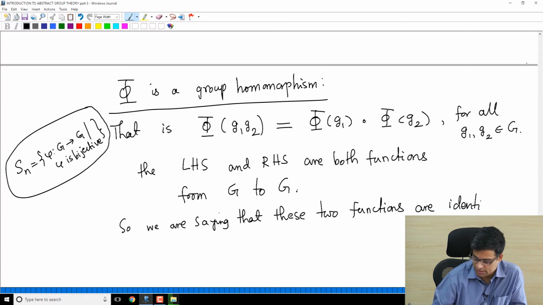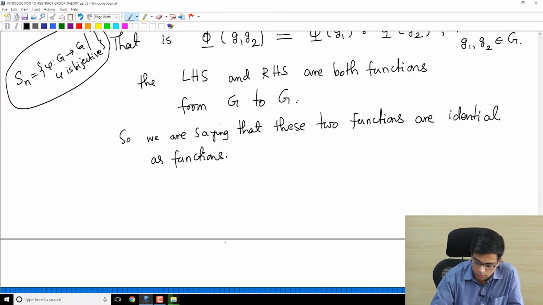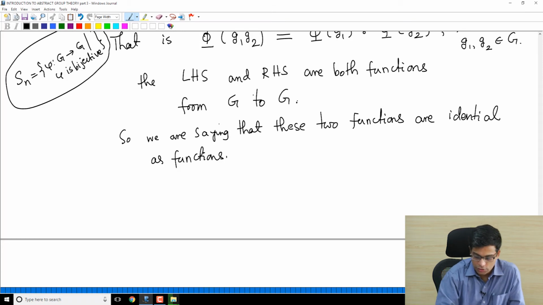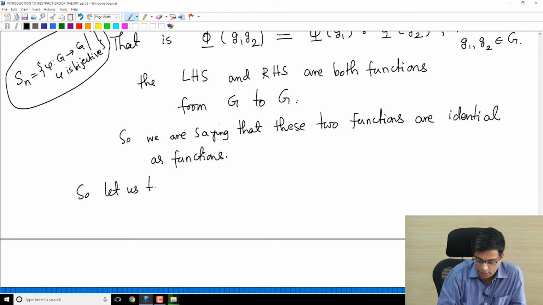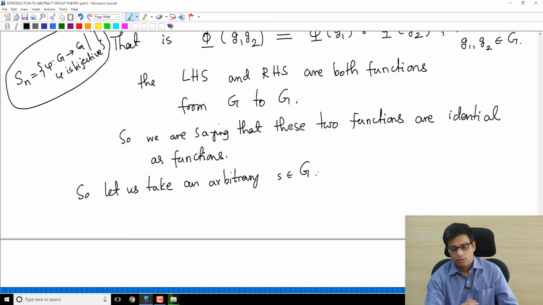Identical as functions. When do we say two functions are equal? Two functions are equal if they agree on every element of the domain, which in this case is G. So let us choose an arbitrary s in G. Again, G here is really playing the role of a set.